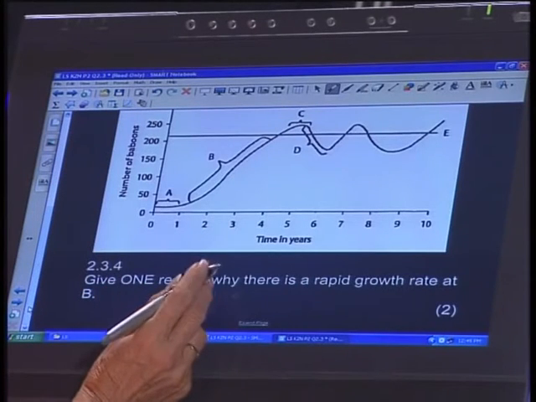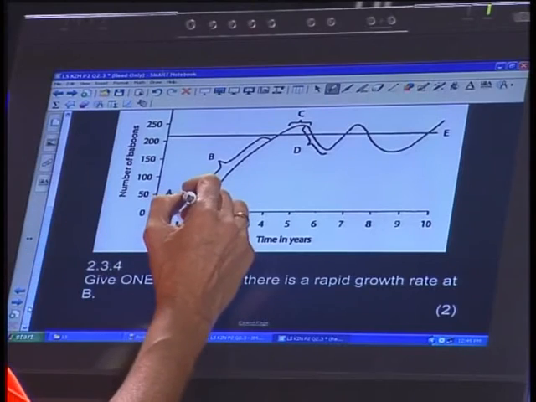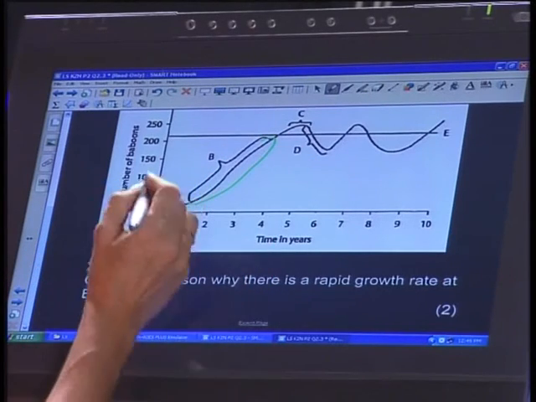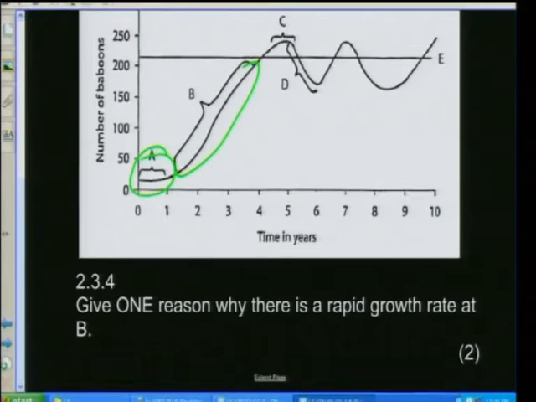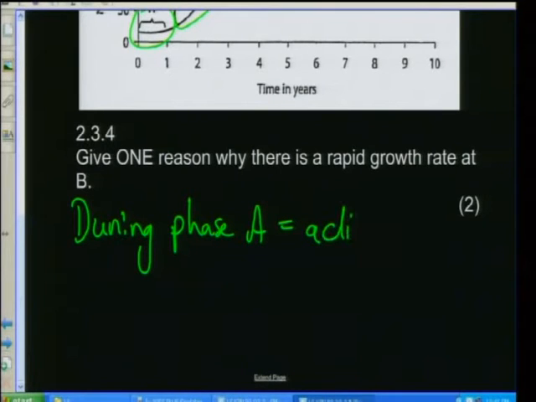Give one reason why there is a rapid growth rate at B. Now, why would there be a rapid growth rate here? Because during this phase, during A, you had acclimatization and gestation.